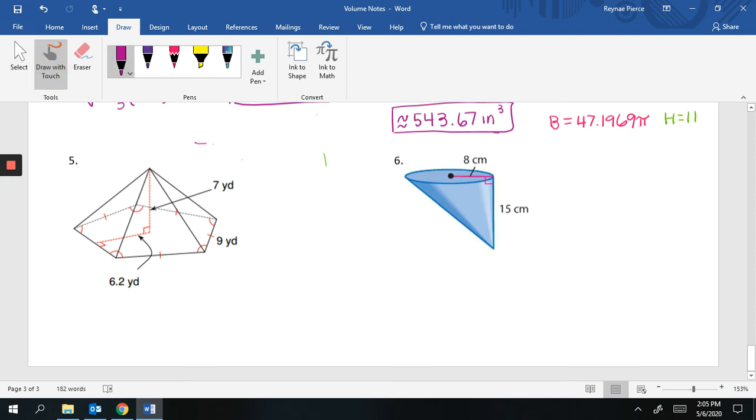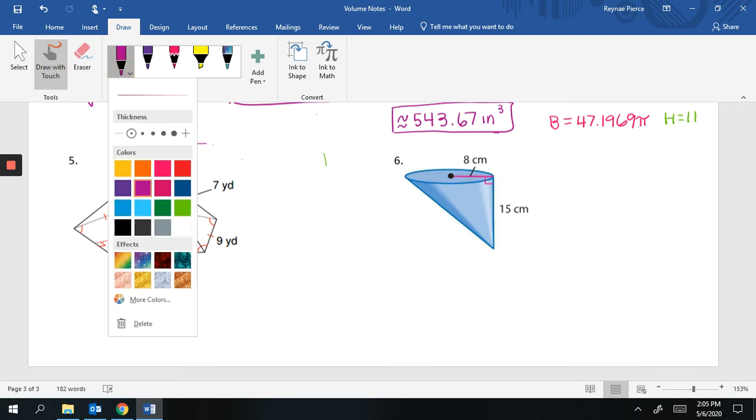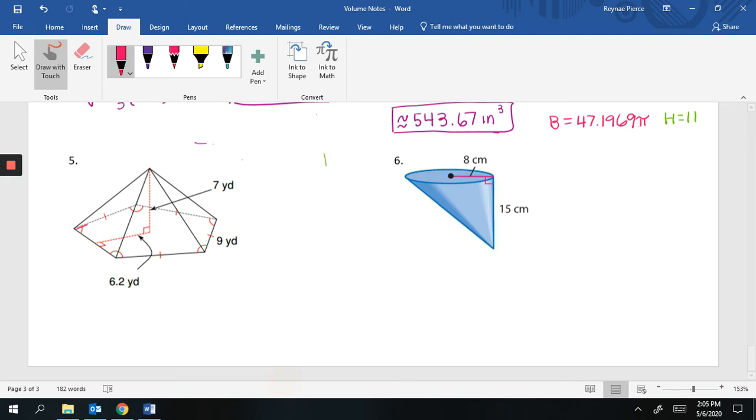Last 2 examples here. Number 5, we have a pentagonal pyramid. And all sides and all angles of that base are congruent, so we can go ahead and do 1/2 times the apothem times the side length times the number of sides. The apothem is 3.1, each side is 9 yards long, and there are 5 sides. So the area of our base is 139.5.